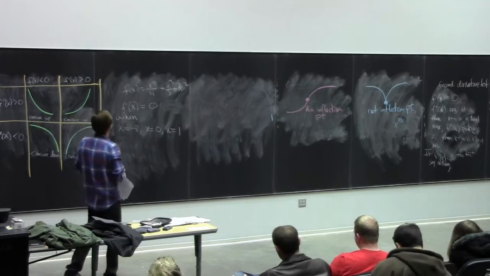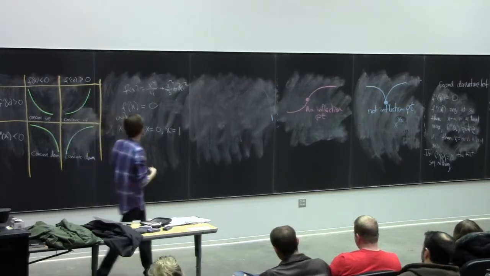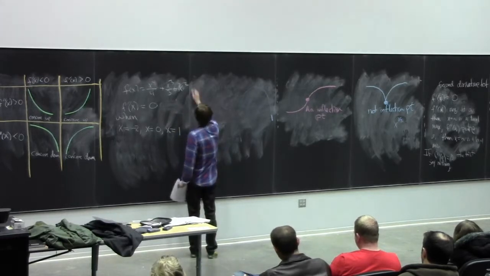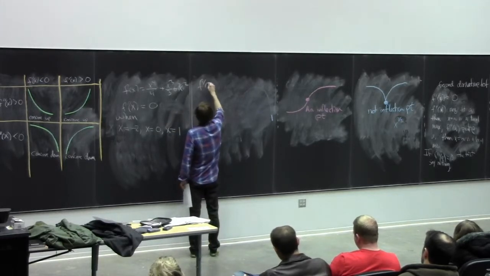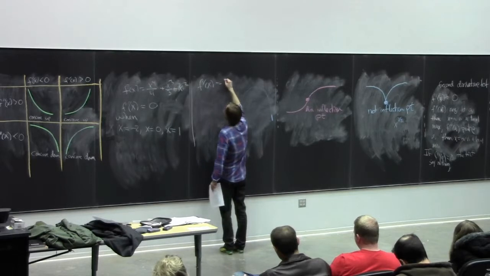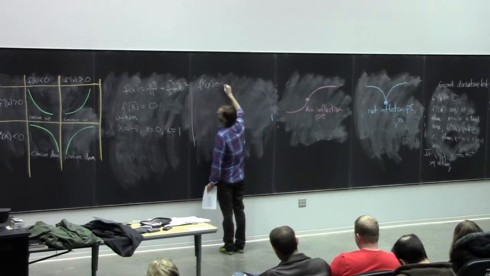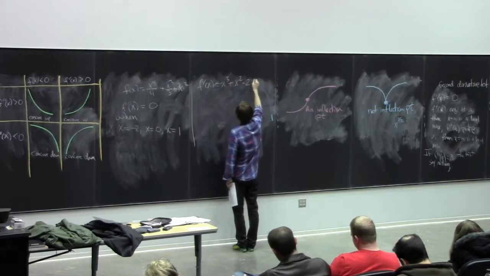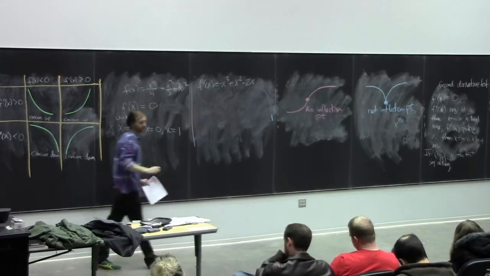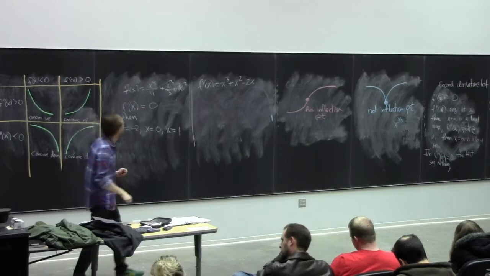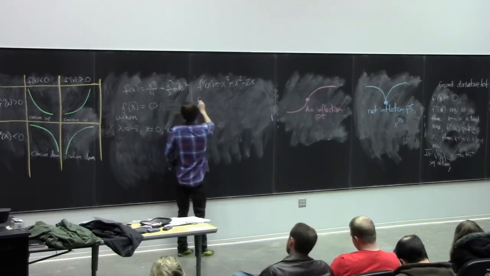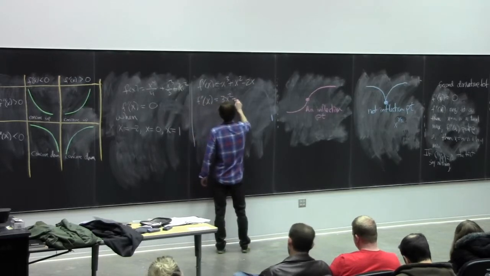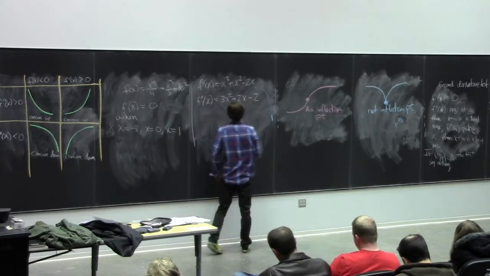Now if we want to do the second derivative test, we have to take the second derivative. The first derivative is x cubed plus x squared minus 2x, and the second derivative is 3x squared plus 2x minus 2.